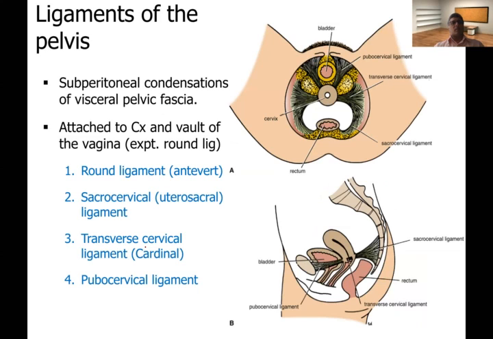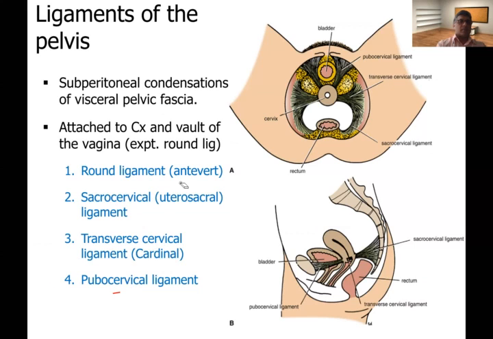Then the ligaments of the pelvis, I think you will have separate lectures about the ligaments. But for the moment, remember the important ligaments are the round ligament, the sacrocervical ligament, the transverse cervical ligament, which is also called the cardinal ligament, and the pubocervical ligament. All these three have cervical in their names, because they are all attached to the cervix of the uterus.